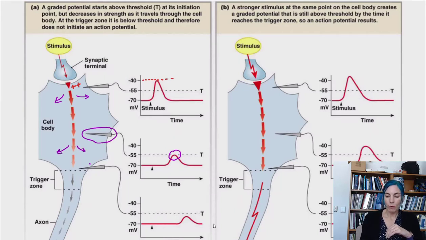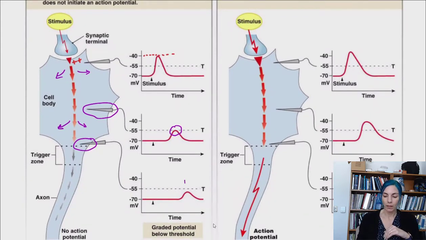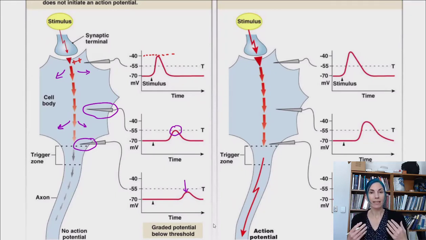So by the time we reach the axon hillock, which is the trigger zone, that graded potential has lost enough strength that it is no longer above the minus 55 threshold, it is below it. So unless you reach that minus 55 millivolts threshold, no action potential is generated. So basically, nothing happens here.